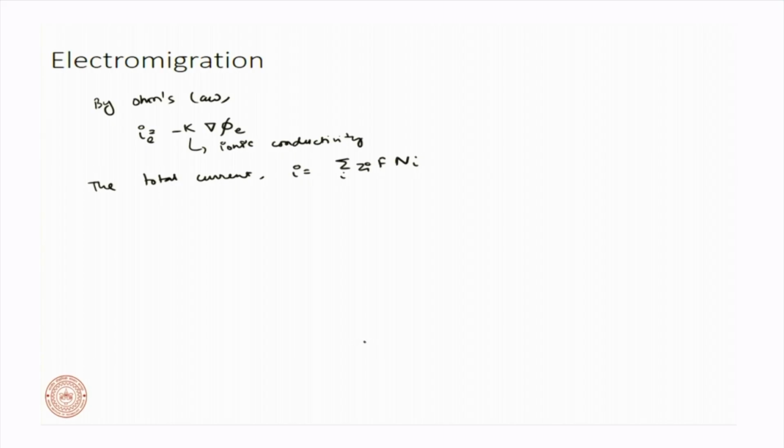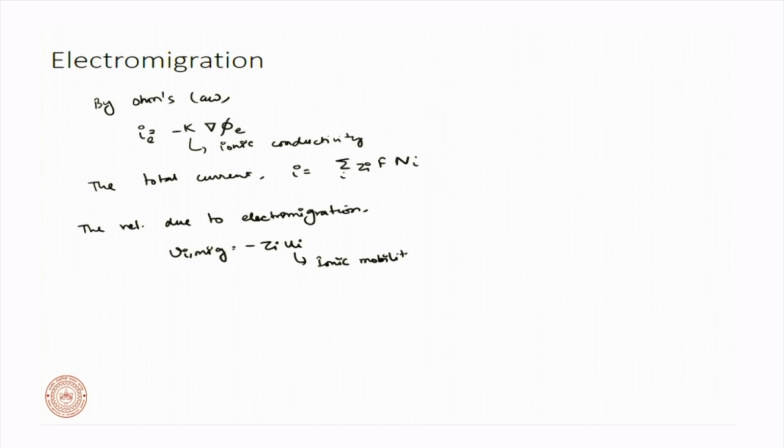Now, the velocity due to electromigration, Vi due to migration, is equal to minus Zi into Ui. Again, Ui is the ionic mobility, or the mobility of the species to go through, into the Faraday constant into del phi. Okay. So, phi E is the electrolytic potential.